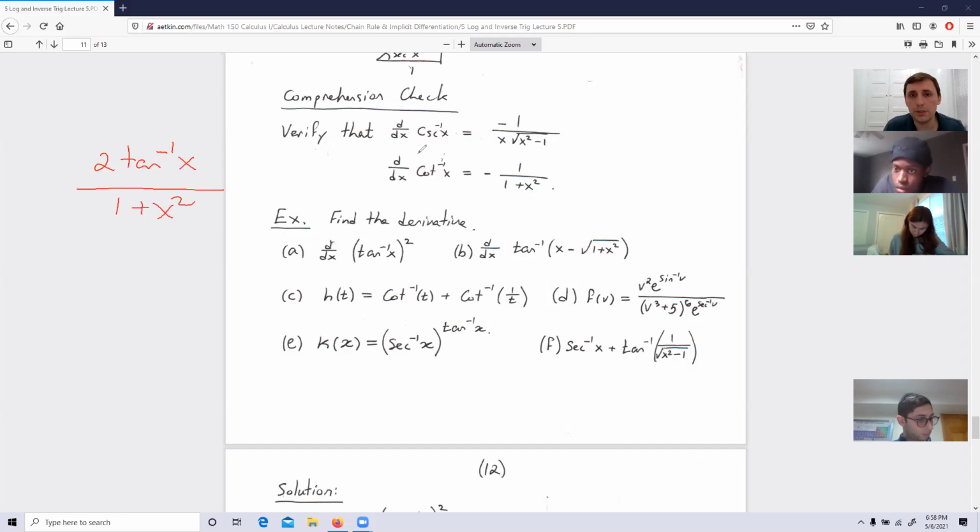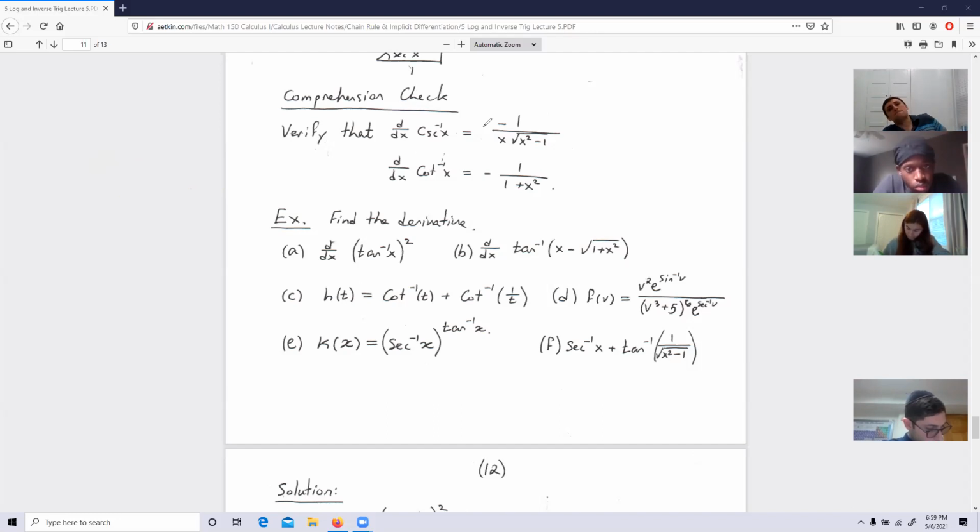Now do problem B, please. All right, problem B is also not particularly difficult, correct, guys? The derivative of tangent inverse of x minus root of 1 plus x squared is what?